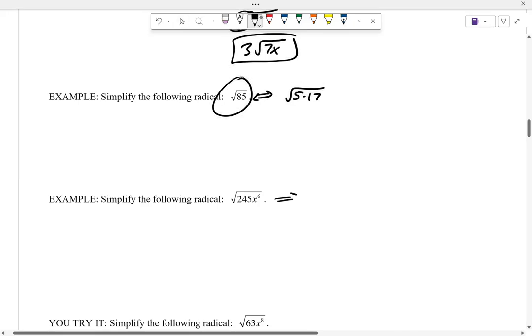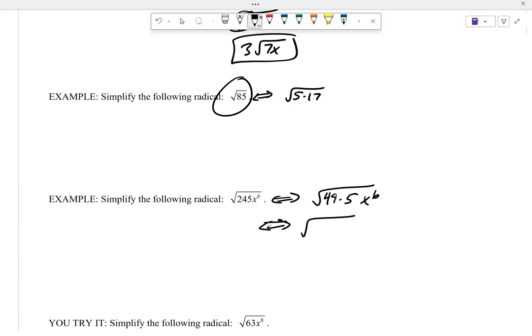245 ends in 5, so that'll go into 5. So 49 times 5. And then I've got 6 x's, x to the 6. Let me keep going with the 49 there. We got 7 and 7 and 5 and then 6 x's. So 7 comes out.